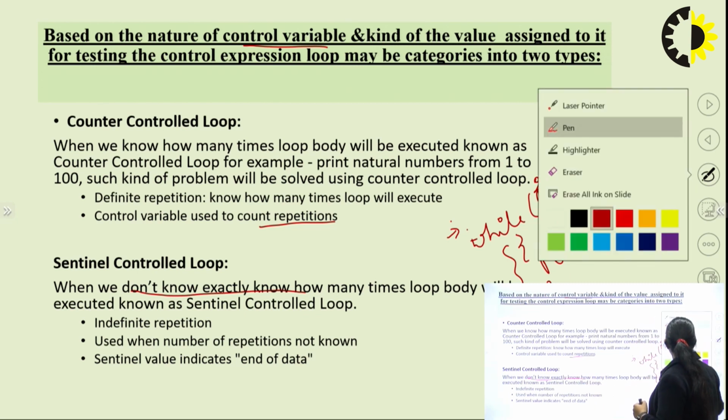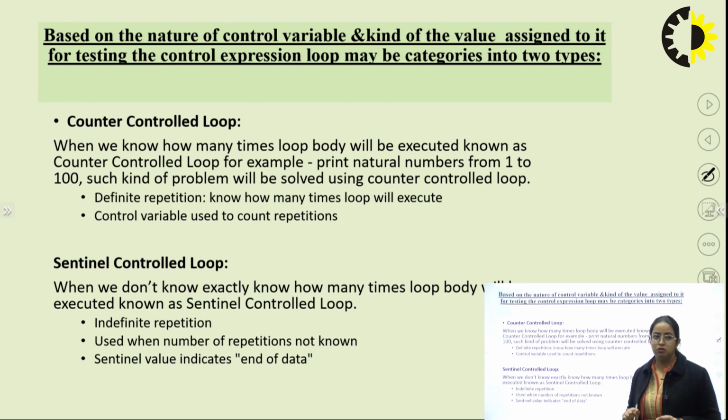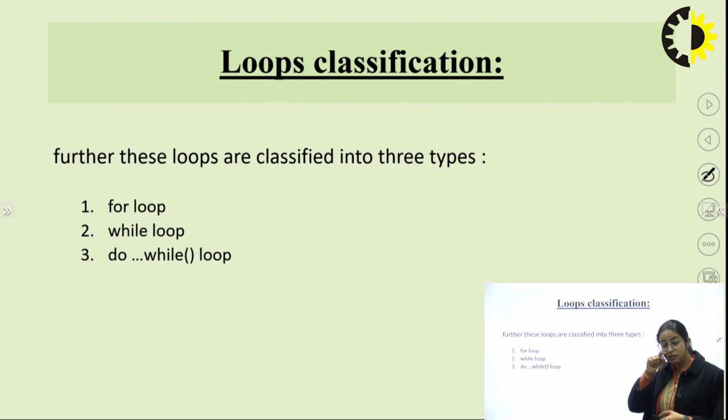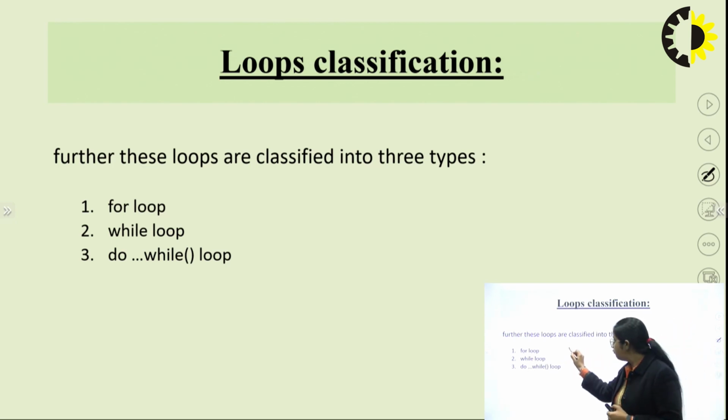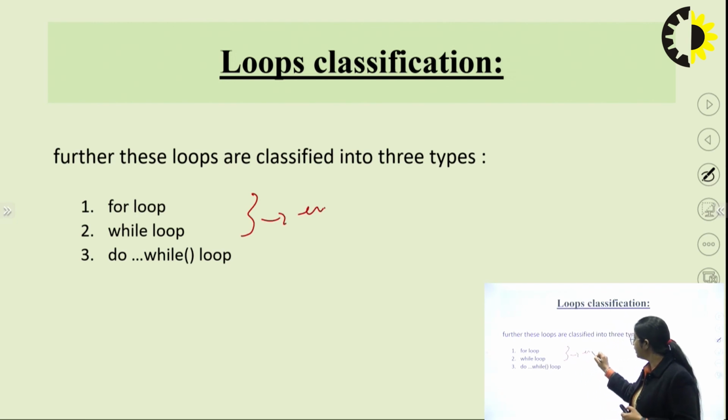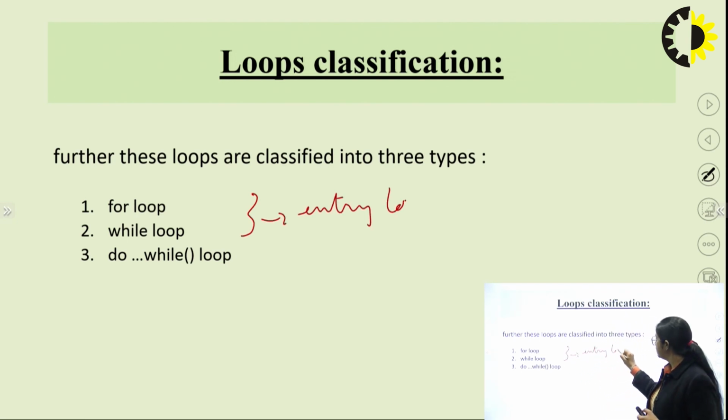So okay, that's all. These are about the counter control loop and the sentinel control loop. Next, loops are further categorized into 3 types: for loop, while loop, and do-while. Here for and while are the entry control loops. What does entry control loop mean?